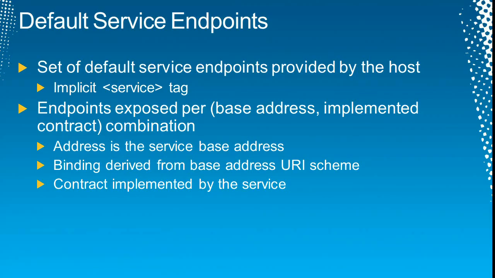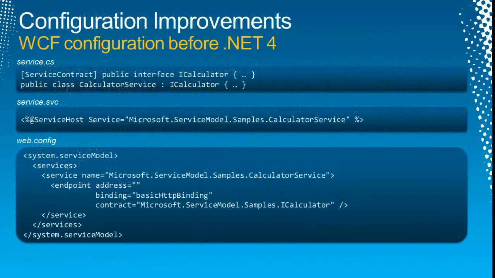WCF will automatically expose each of your contracts over each of those protocols for each of the base addresses that you have for your service. Default endpoints are a new feature in .NET 4, and they dramatically simplify the amount of configuration that you have to write, the amount of configuration that you have to manage.